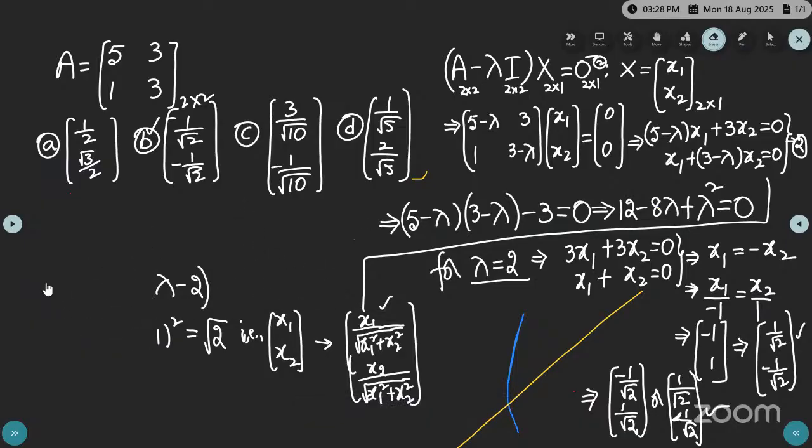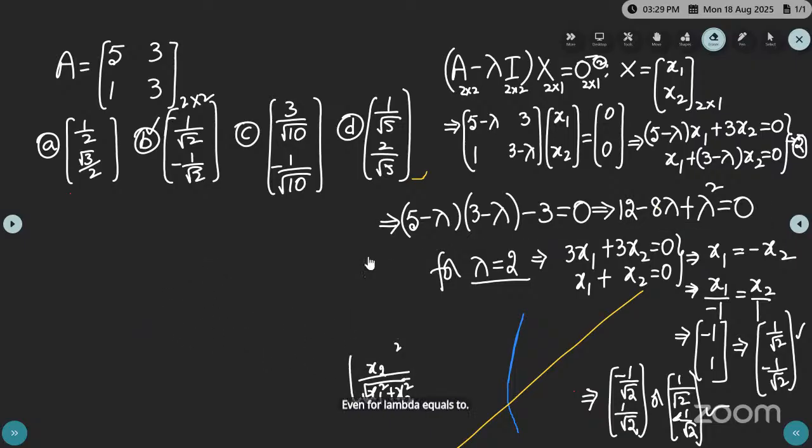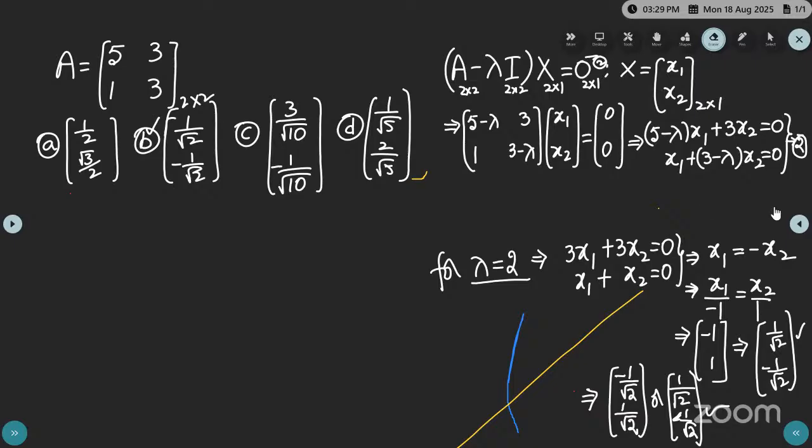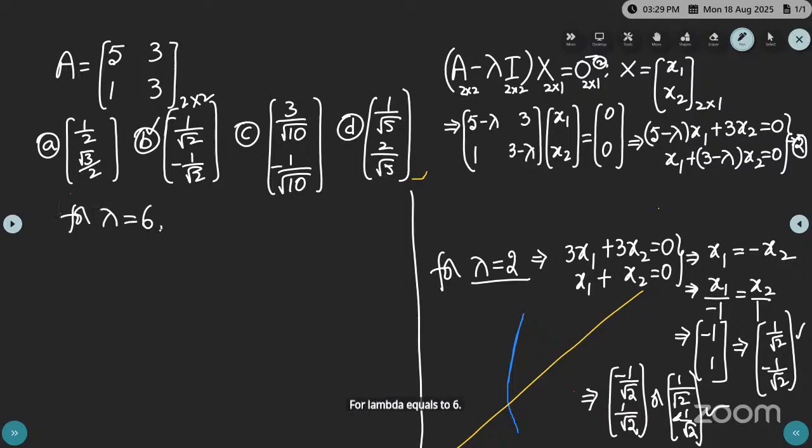Even for lambda equals to 6, you just write now. For lambda equals to 6, what are the equations?